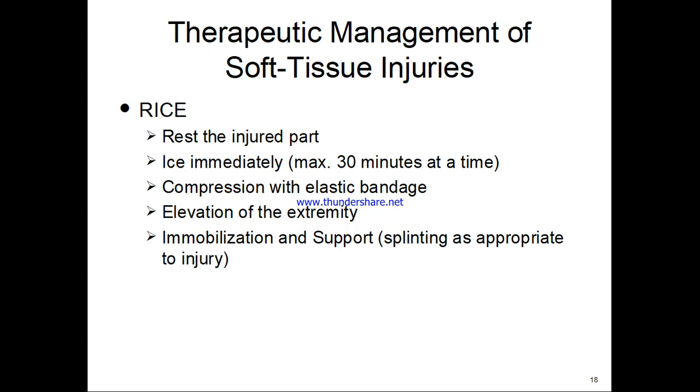And then after the RICE, we do immobilization and support. So that's splinting as appropriate to the injury. That might be something as simple as an ACE wrap. It may be something a little more involved, such as a knee sleeve or a supportive air cast, or in the case of an upper extremity, perhaps a sling.